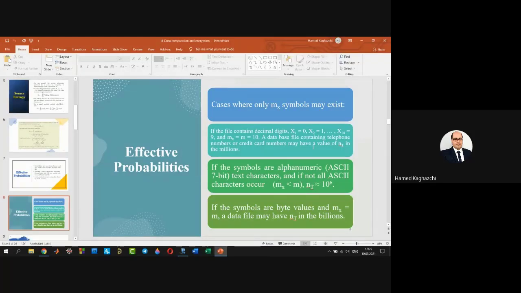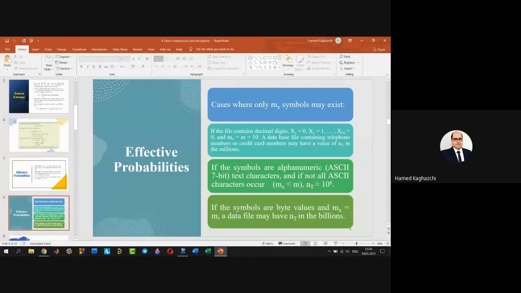Or if the symbols are represented with ASCII 7-bit code, we will have x1 up to 128.